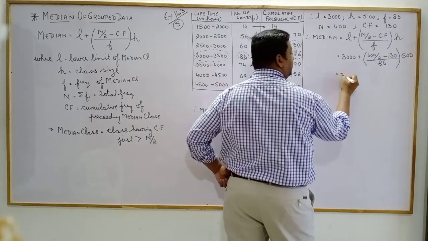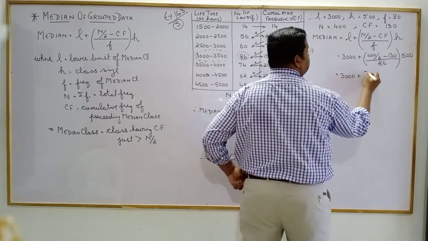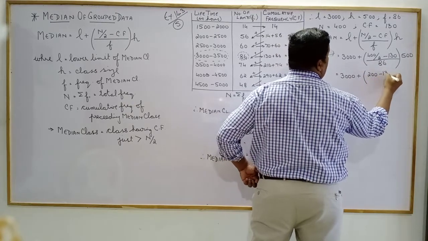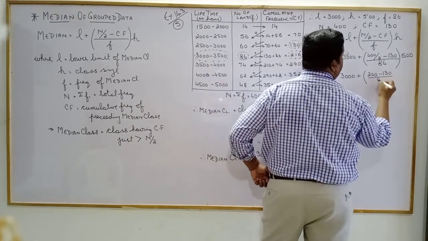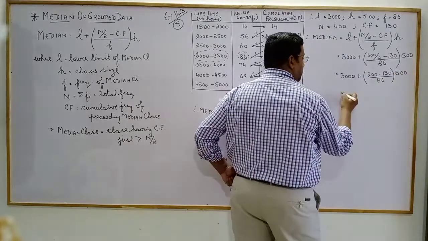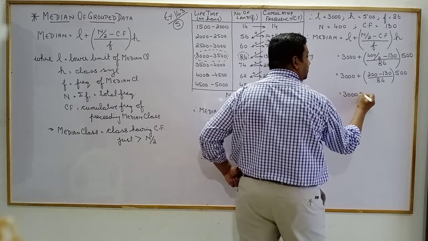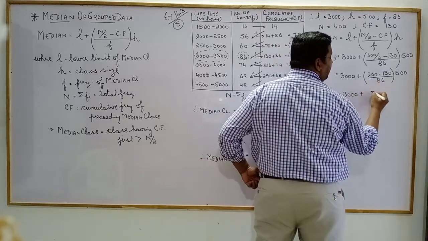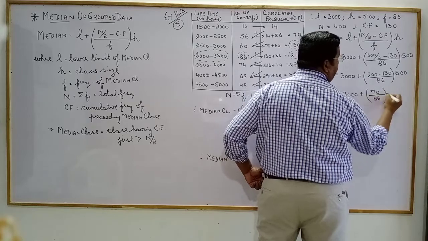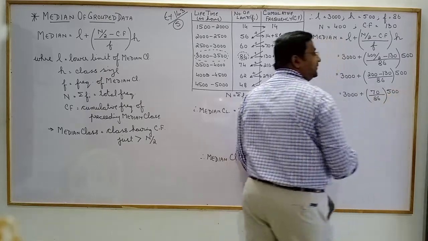Solve it. 3000 plus 400 by 2, 200 minus 130, upon 86 into 500. So 3000 plus 70 upon 86 into 500. Yes or no?